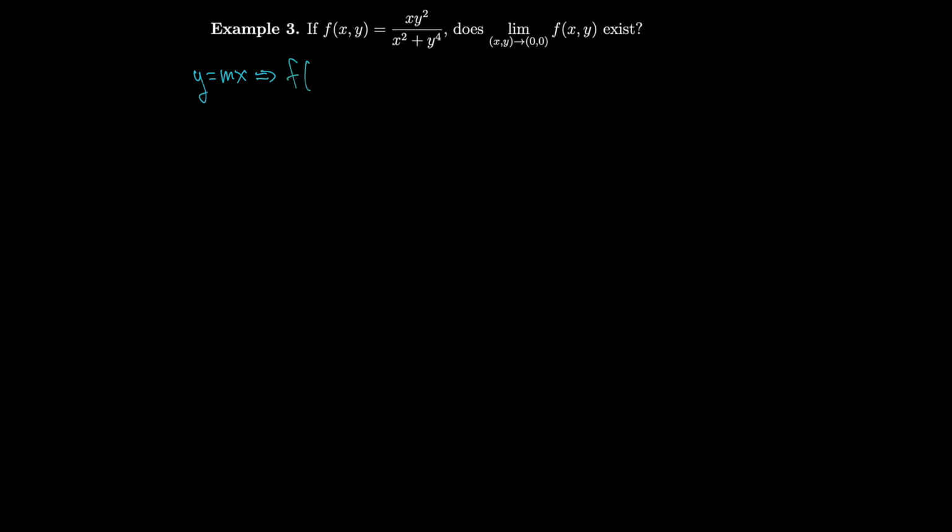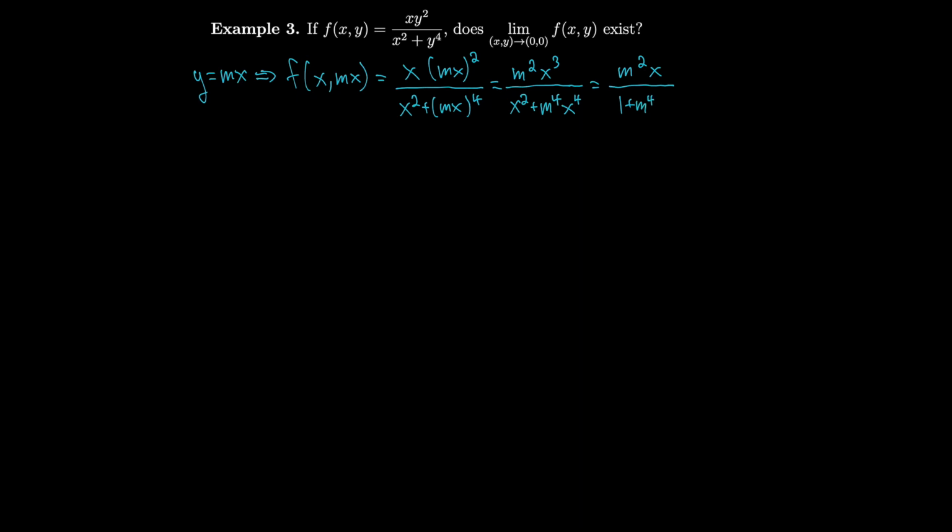So we're looking at f of x and then replacing y with mx. So that's just x times (mx) squared over x squared plus (mx) to the fourth, which is m squared x cubed over x squared plus m to the fourth times x to the fourth, and that's m squared x over 1 plus m to the fourth x squared.